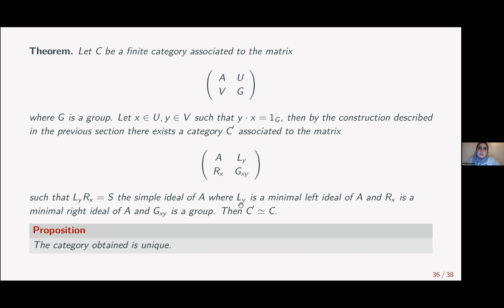And the result of this theorem is actually this category C prime is going to be isomorphic to C. So both categories are isomorphic. So it's the same when we construct the left minimal ideals and right minimal ideals of A. It's the same as staying in the same sets of morphisms, and the category obtained is unique.